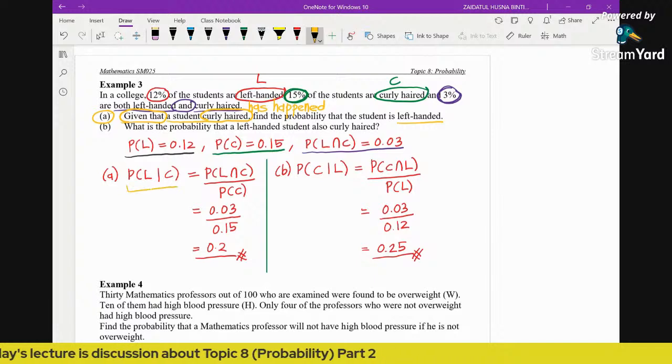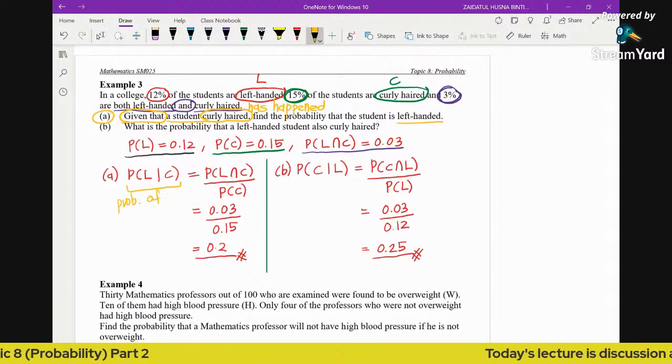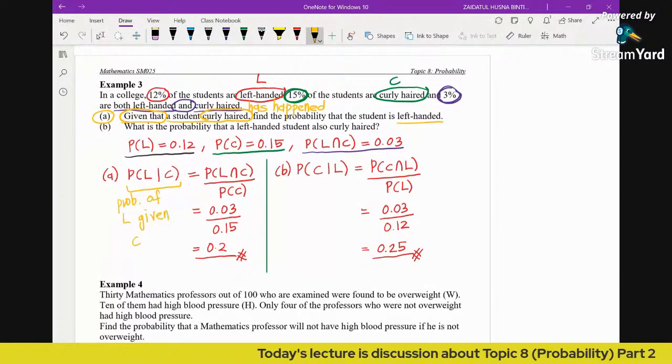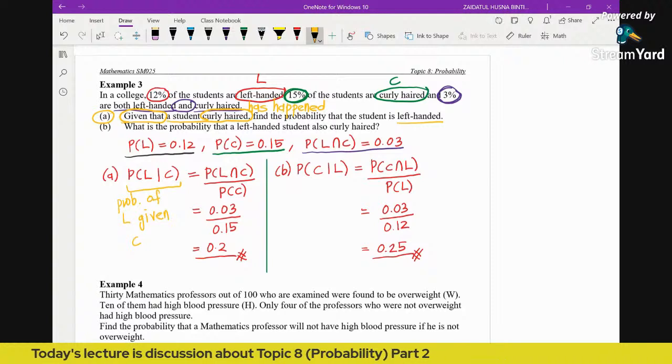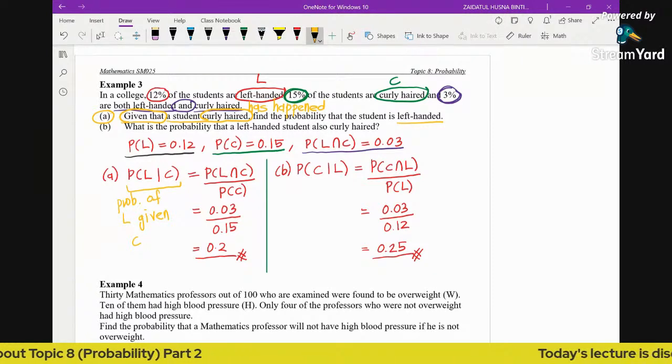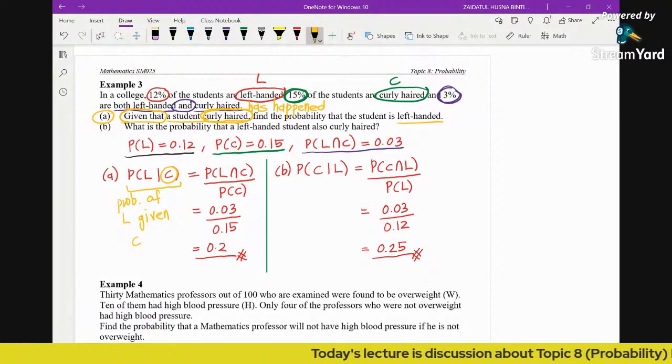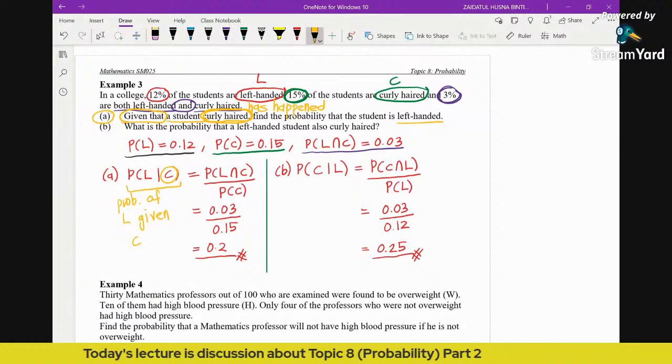So how to pronounce this? This is the probability of L given C. Why? Because we know that the student is curly head. The event that has happened will be put at the back, because we know this curly head student has already happened, so we put the letter C at the back.